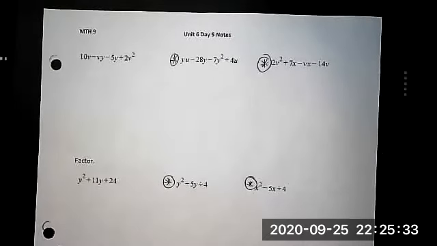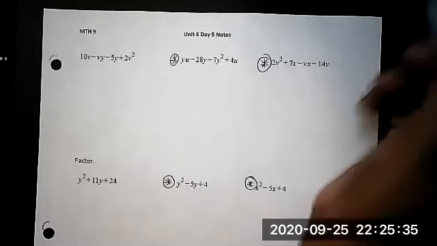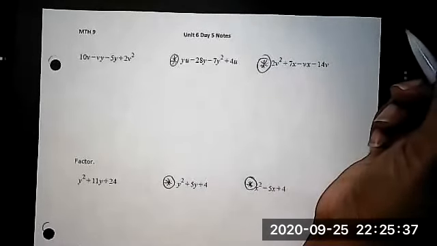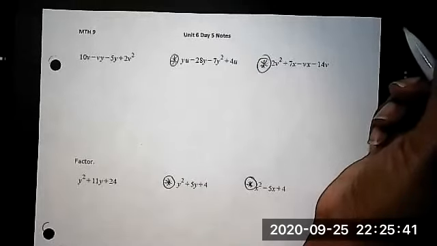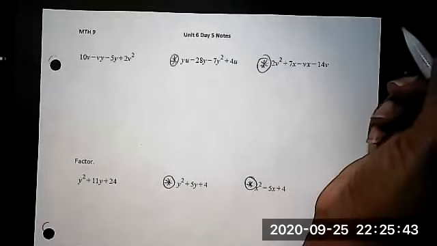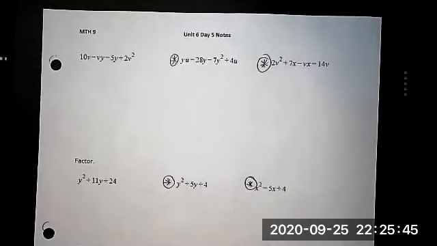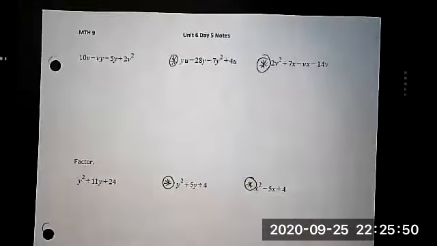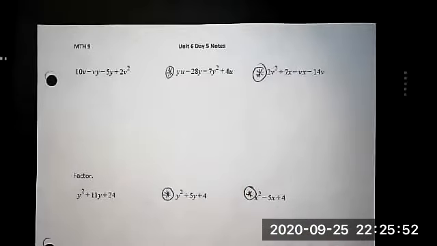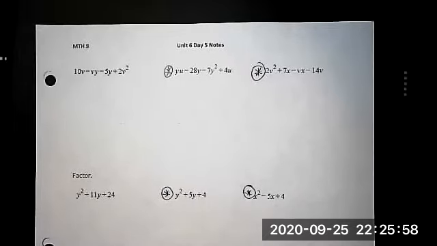Again, we're going to factor by grouping. For this particular one, what they want you to do here, I want to say, is put it in order by degree. At least that's what they want you to do.